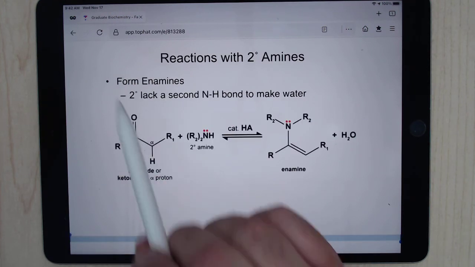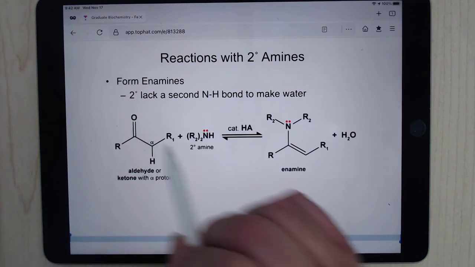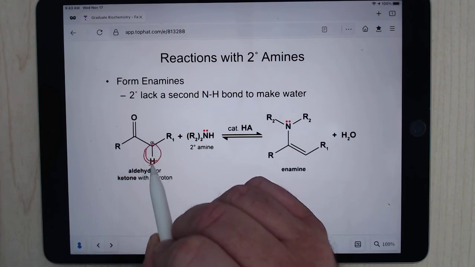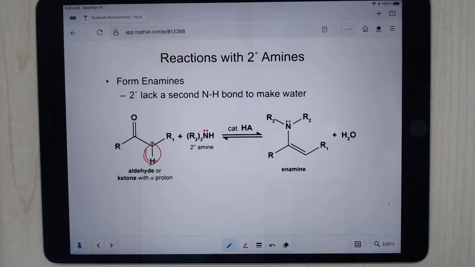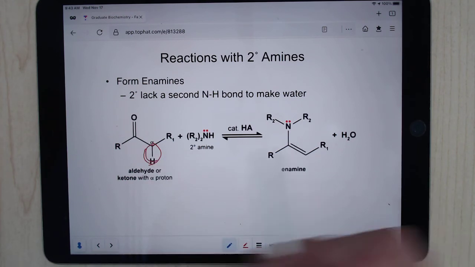Now with secondary amines, we only have one hydrogen on the nitrogen. We don't have enough hydrogens to remove that water. We're still going to get that same reaction, but instead of having both hydrogens come off the nitrogen, we're going to have to take off a hydrogen that's on an adjacent carbon, and what that's going to end up doing is leaving a double bond here.